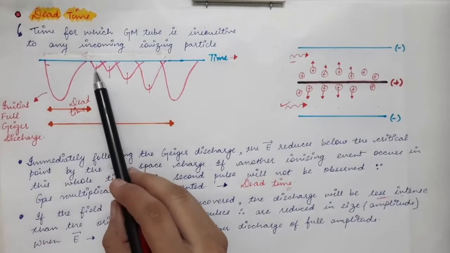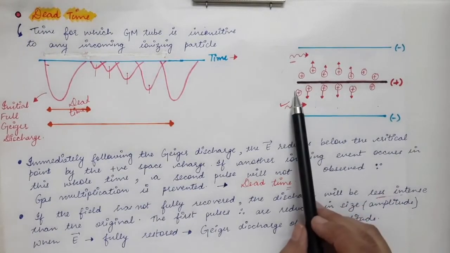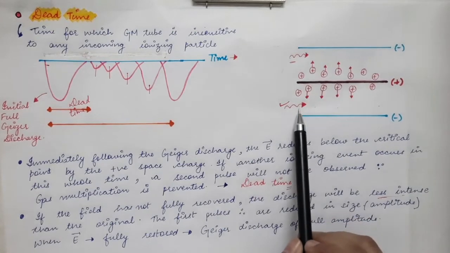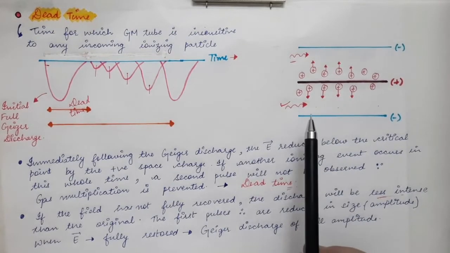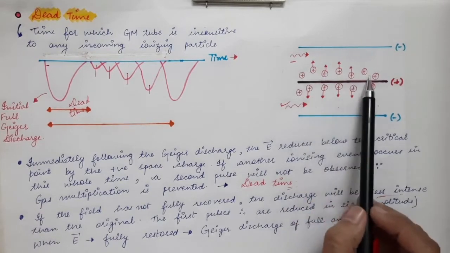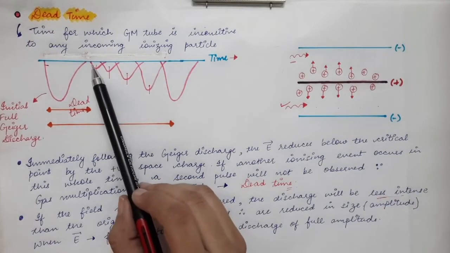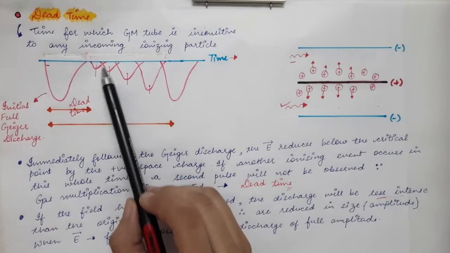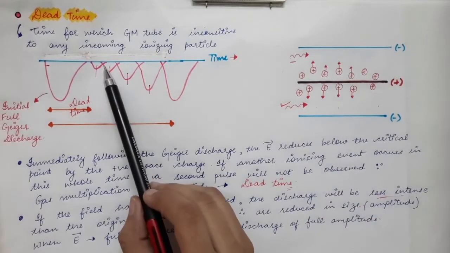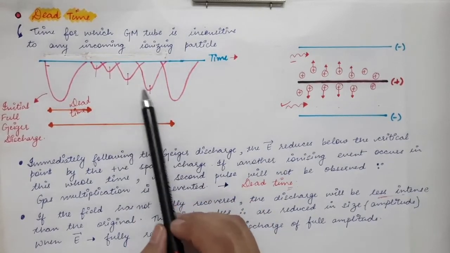And after that you start getting pulses. As the electric field has reduced below the critical point, any other particle will not be detected due to this decrease in electric field. But as soon as the electric field is getting restored, you will start getting pulses. Initially you will get pulses of lesser height because the electric field has not reached its maximum value. Slowly the amplitude of the pulses will increase for every incoming particle.